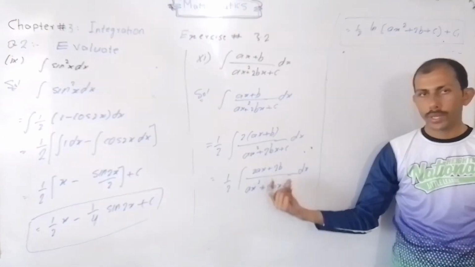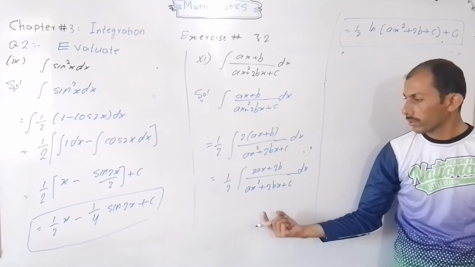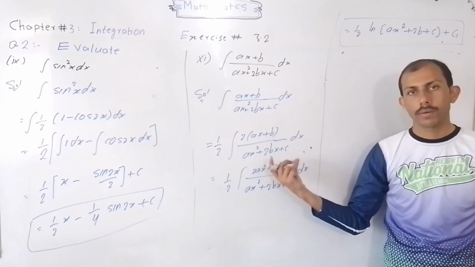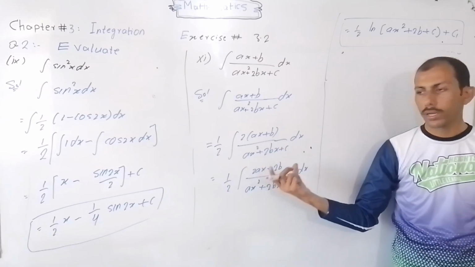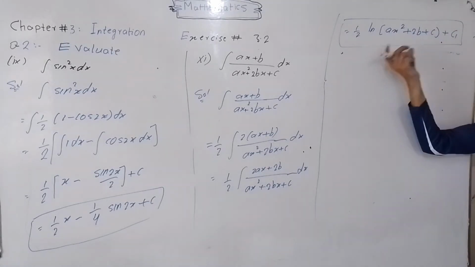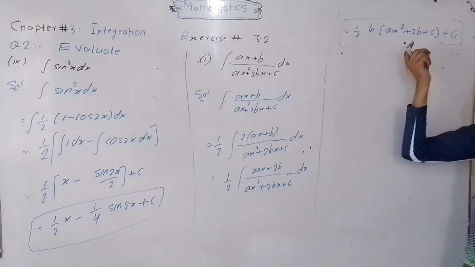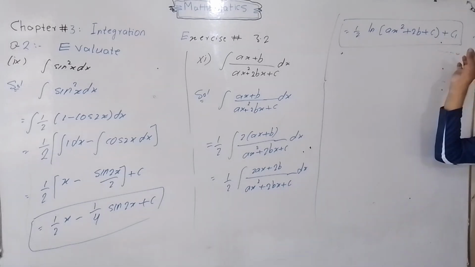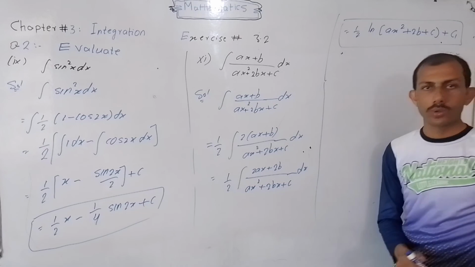The derivative of the denominator function is given above in the numerator. So we can write this equation in natural log form: 1 divided by 2 natural log of ax square plus 2bx plus c, plus c1, which is the required solution.